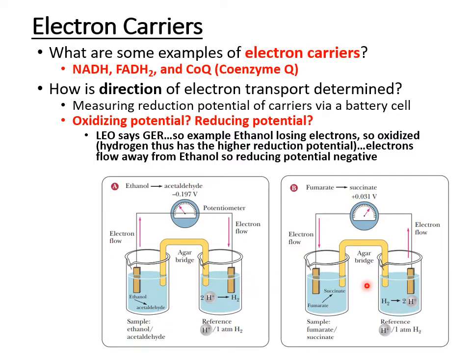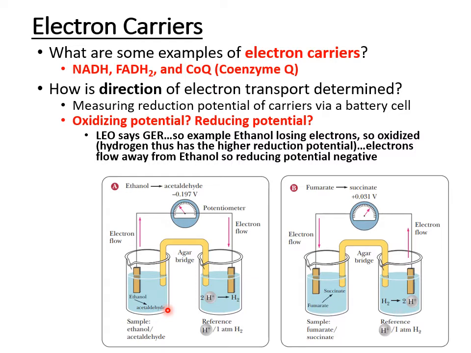Okay, and you'll see terms like oxidizing potential, reducing potential, and you'll be able to map out which of the portions are being oxidized, what is getting reduced by looking at this.